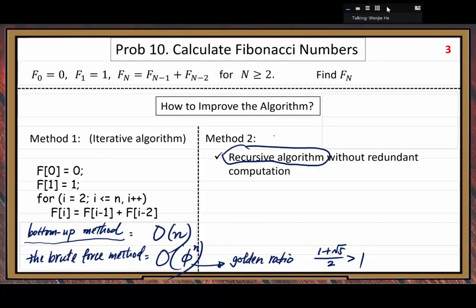Here you can see the difference between method 1 and method 2. Method 1 is a good solution, but why do we consider method 2? There is an important reason. In part A of module 3, we learned that recursive algorithms are powerful. If we keep the recursive algorithm, we keep the power of recursion.